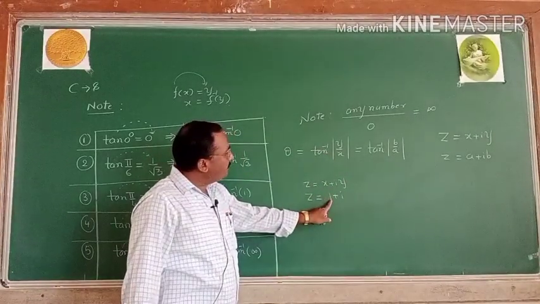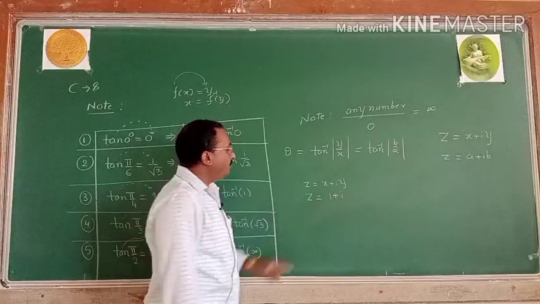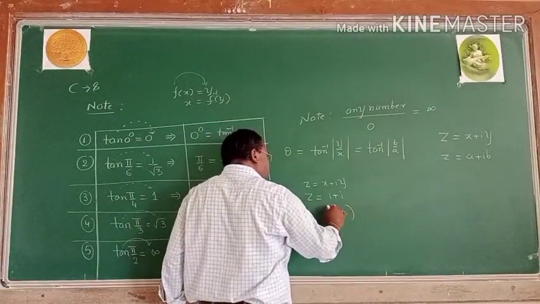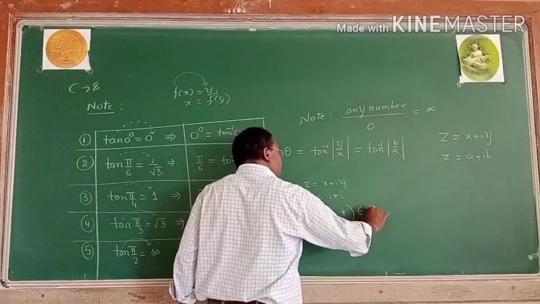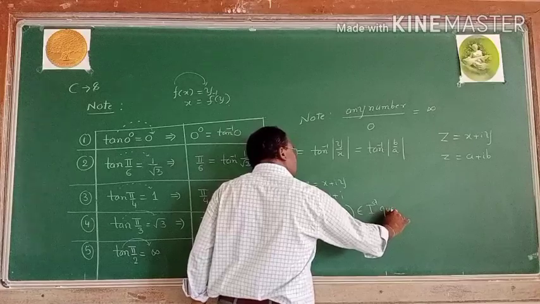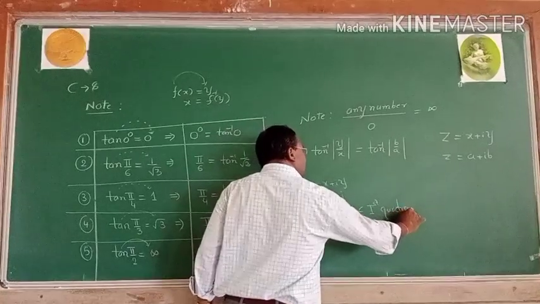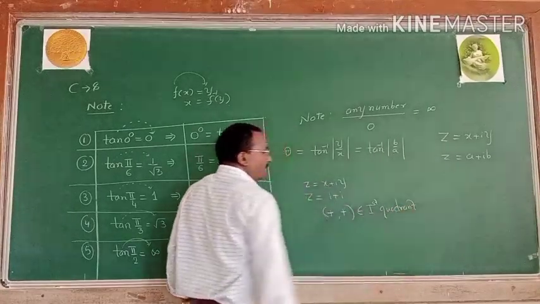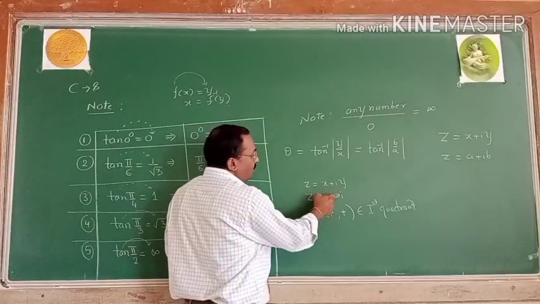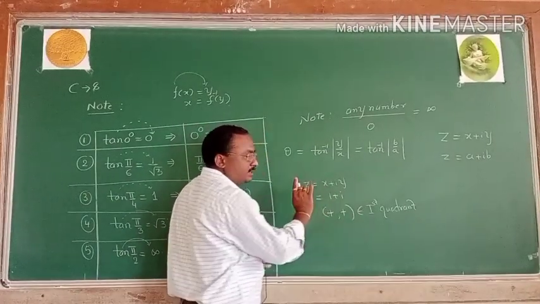Here x is what? Positive. Here y is what? Positive. This belongs to what? That is the first quadrant. Understood? Find the quadrant. Here x is positive, y is positive, so it belongs to the first quadrant.